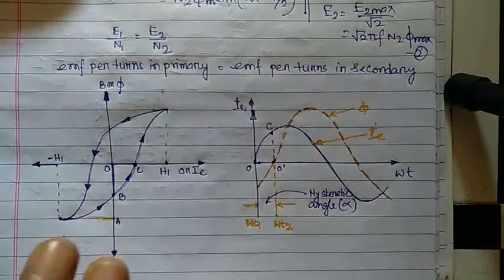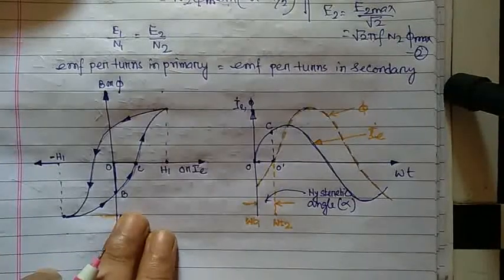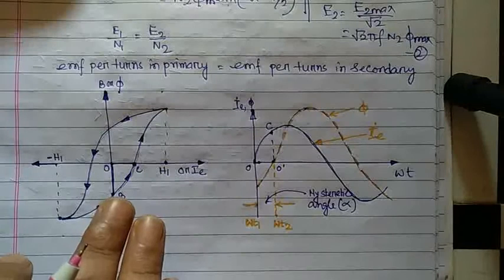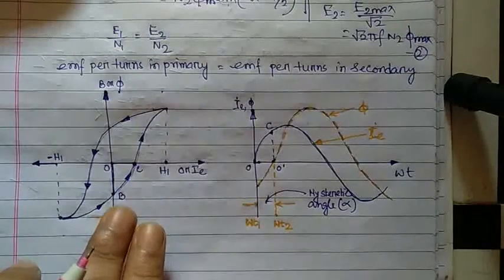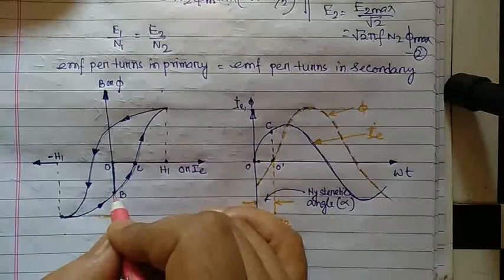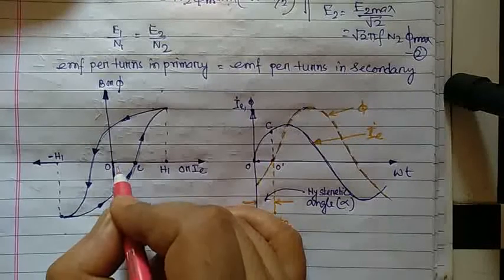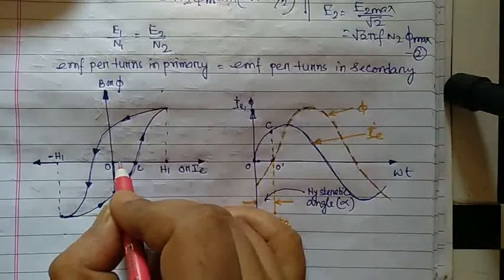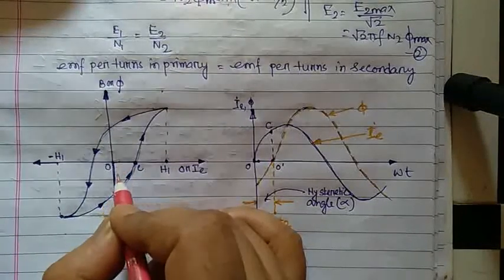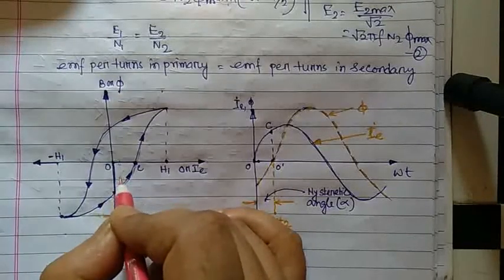So from this figure, IE becomes positive when the flux has a negative value. Suppose we are considering IE as positive in this position, so the flux has a negative value here.